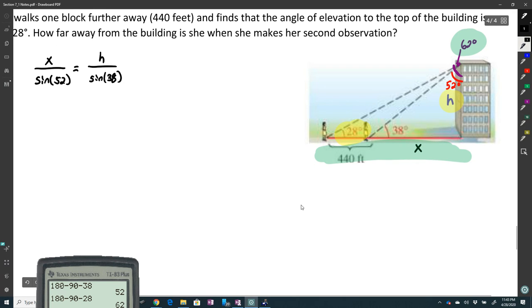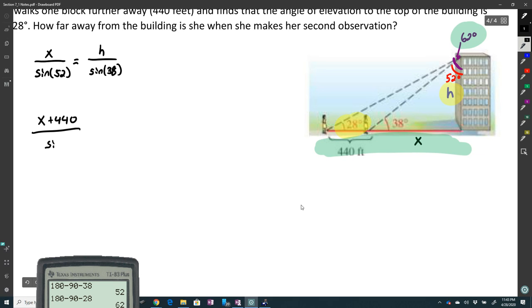So this new measurement is going to be the side and its opposite angle. So x plus 440 over sine of 62 is equal to h over sine of 28.